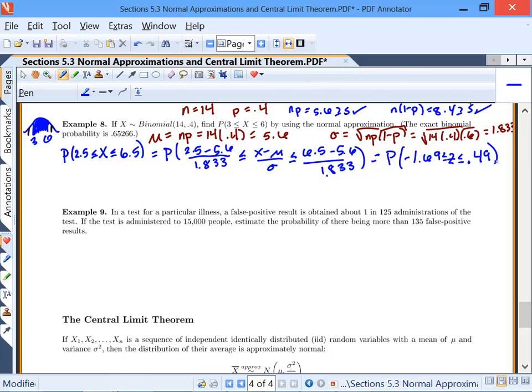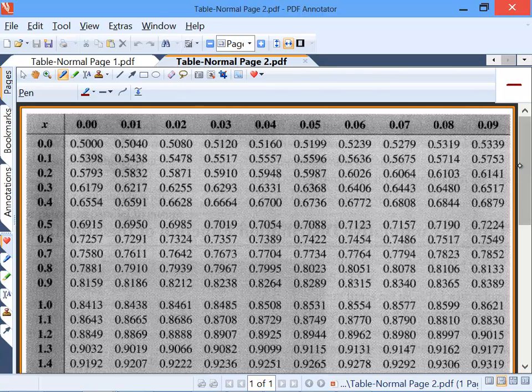At this point, what do I need to do? I need to go to my table. If I look up my 0.49 value, that puts me at 0.6879.